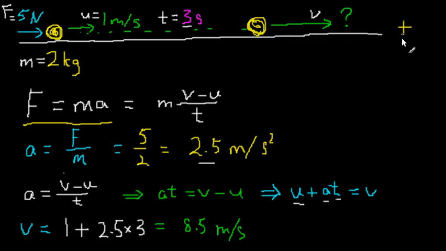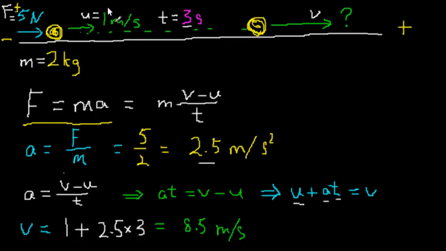So if I choose the right hand side to be positive, the left hand side is negative. What this means is that if I now look at the numbers given, I really need to put in plus and minus signs. For example, 5 Newton, because it's pointing to the right, should have a plus sign, so it should be plus 5 Newton.